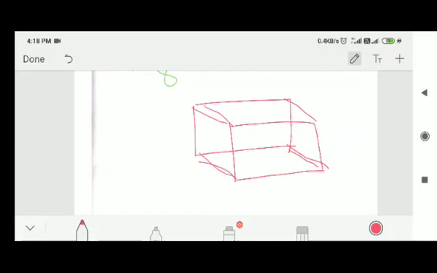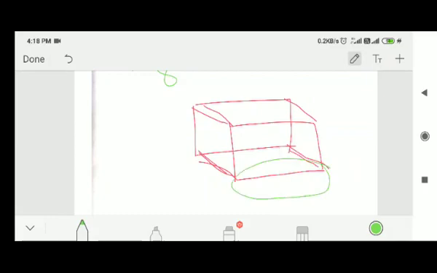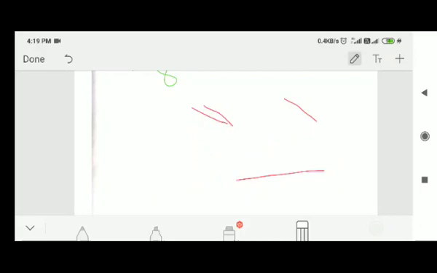So this is the cuboid, my friends, and this is your length, and this side is your breadth.